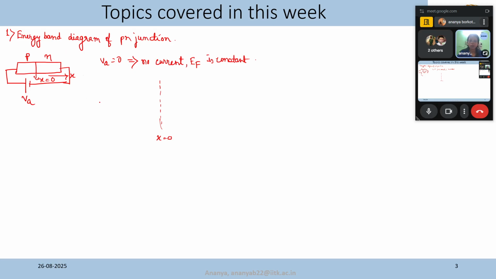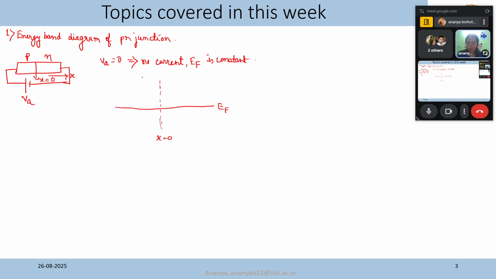So we first draw the metallurgical junction, then we draw the constant Fermi level. Our Fermi level is constant because there is no current, it is in equilibrium. Always remember, equilibrium means the Fermi level is constant.